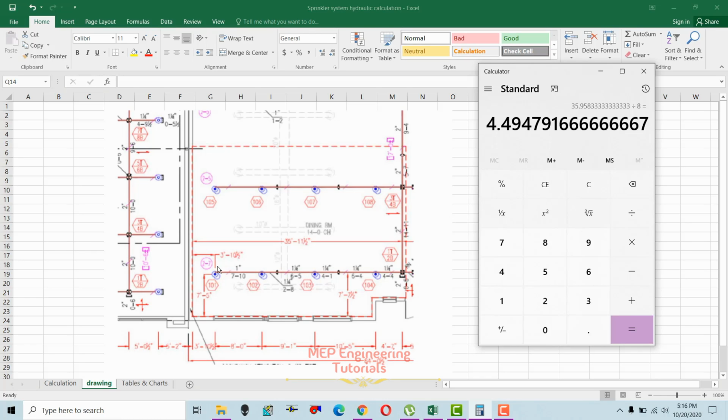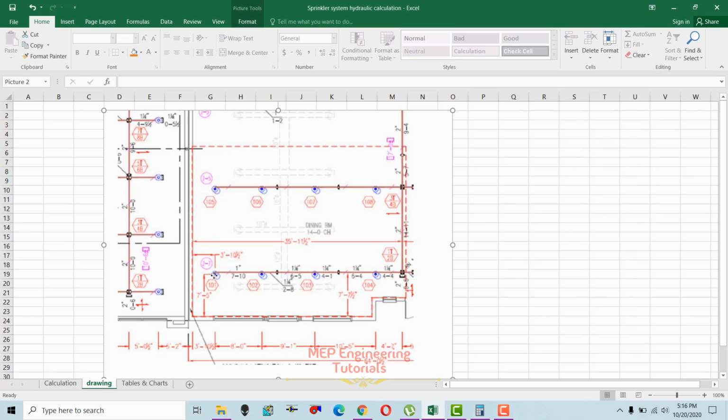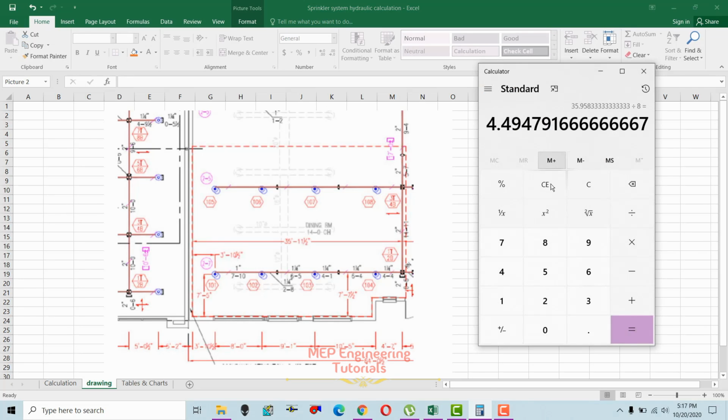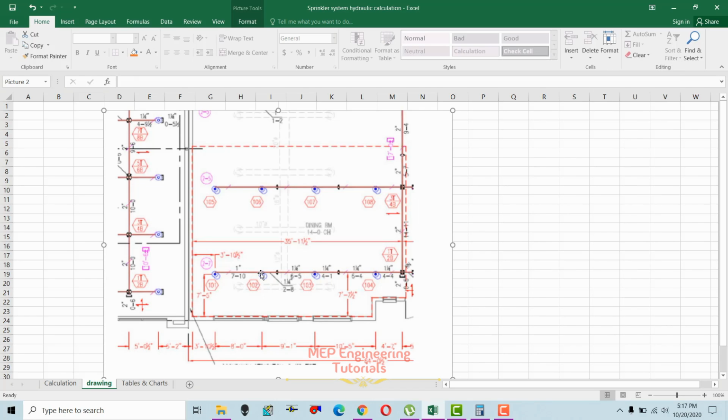Since we said that we need to keep this distance twice between the sprinklers, and the distance from the wall to the first sprinkler is half of the distance between two sprinklers, this is the S and L rule. If you see that this is one dimension, you need to multiply with 2. That means 8.99 feet is the distance between this sprinkler and this, then 8.99 between these two, and 8.99 between these two.